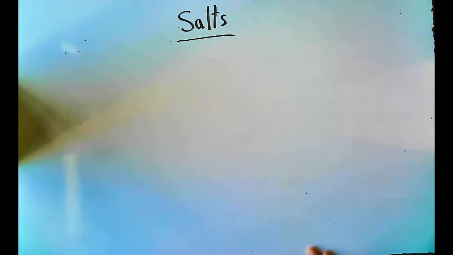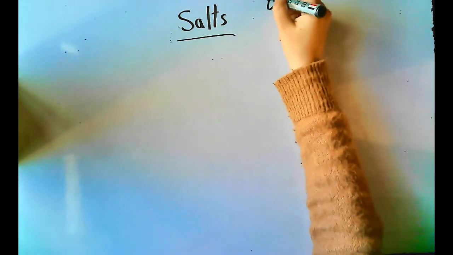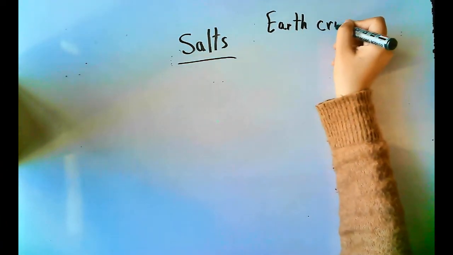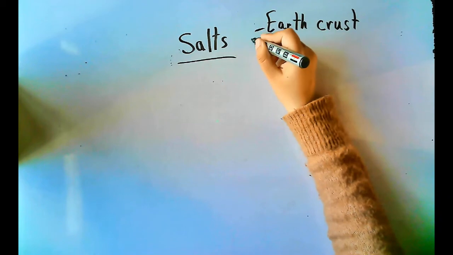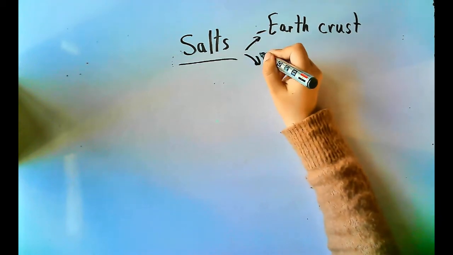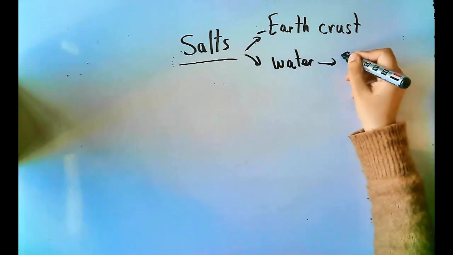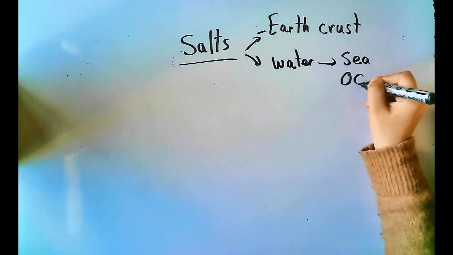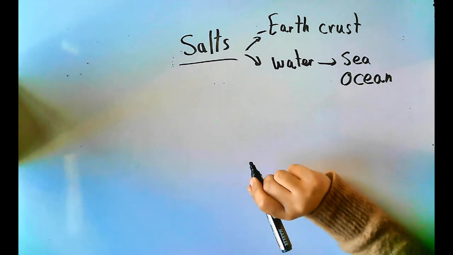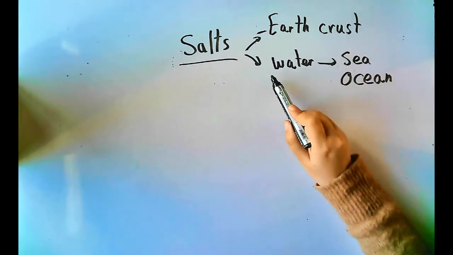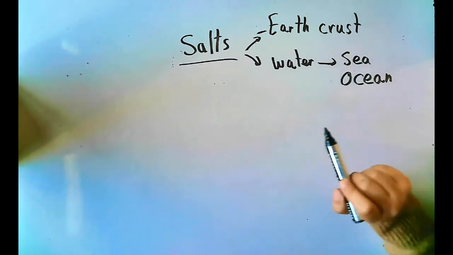Salt exists in the earth's crust, or dissolved in the water of seas and oceans. Where can we find salts? Salts are found in the earth's crust or dissolved in the water of seas and oceans.